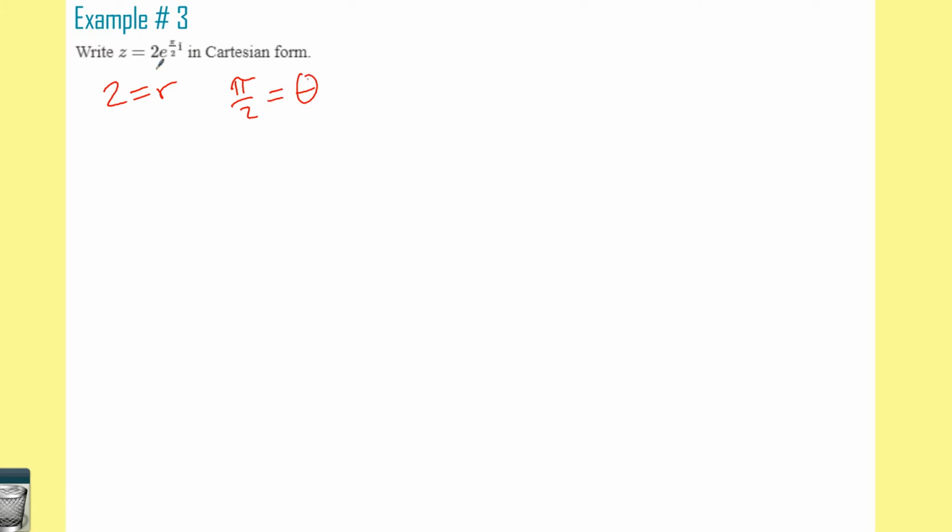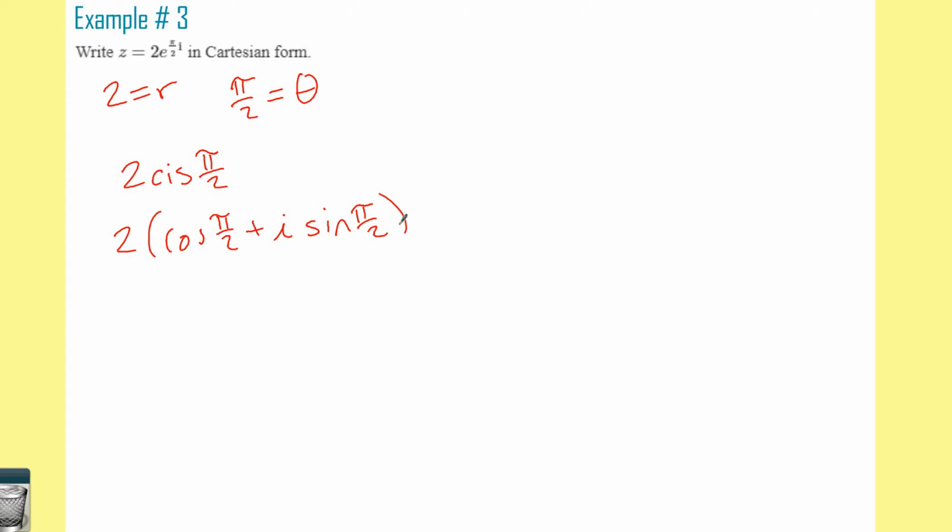So if we're putting it back into Cartesian form, maybe it might help you to think of it in r cis theta. So that would be 2 cis pi over 2. So that's 2 cosine pi over 2 plus i sine pi over 2.